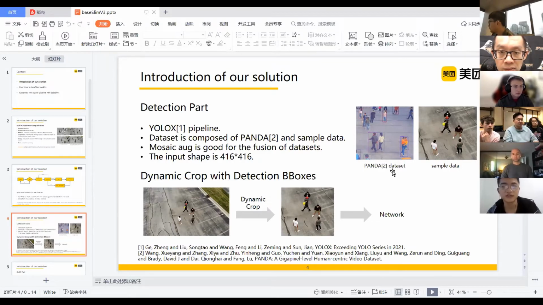The ball is not in the Panda dataset, but we have five videos from the sample data. There are many balls in them, so we mix the two datasets, and we use the mosaic augmentation to fuse the dataset. That's our solution.